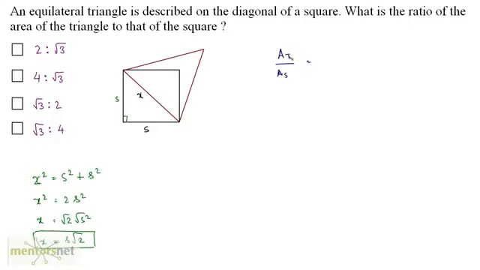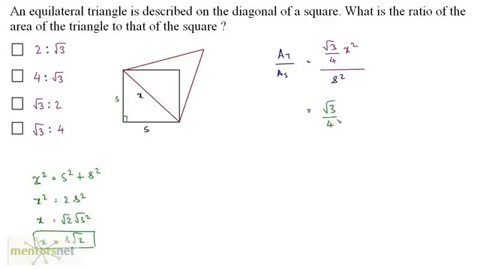Now what is the area of an equilateral triangle with side X? That will be root 3 by 4 X square upon what is the area of a square? That's side square. We know the side as S. So this can be written as, put the value of X here.